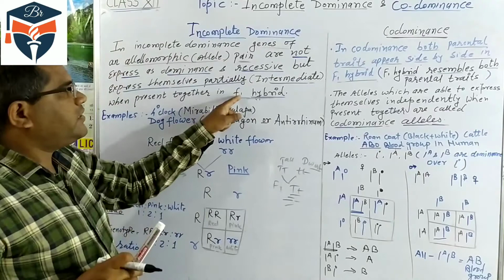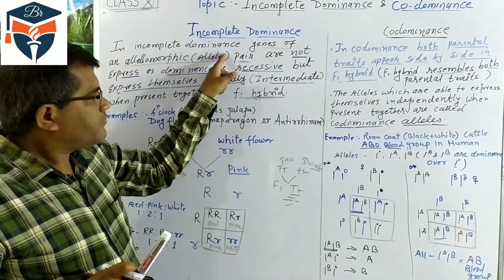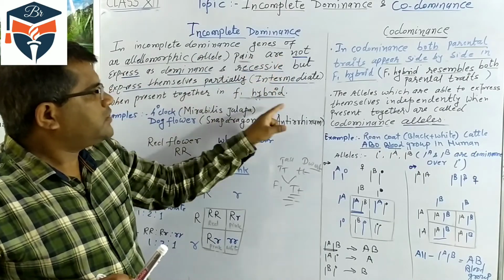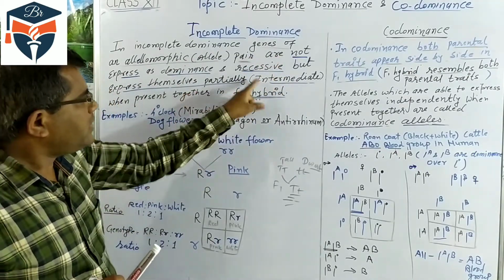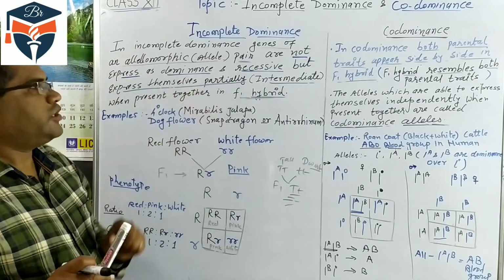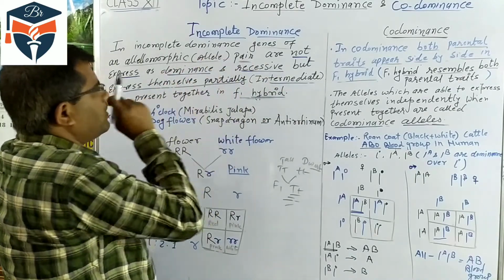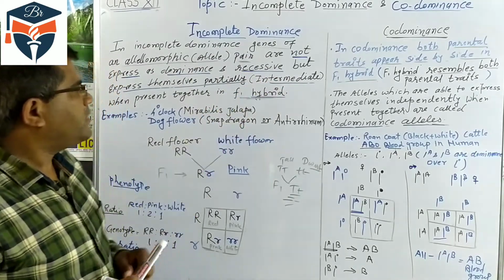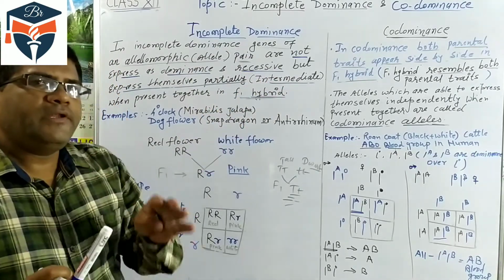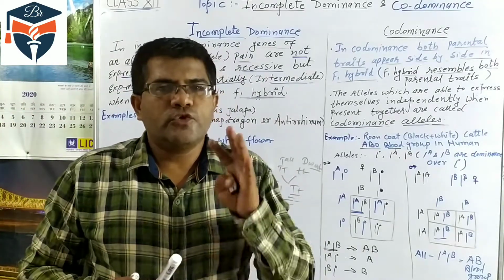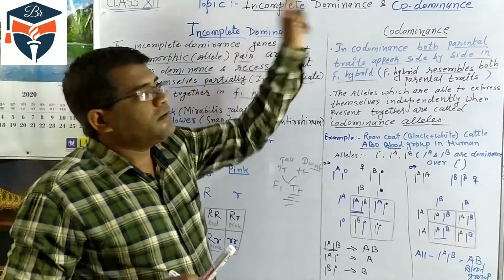So the F1 hybrid is not like the dominant allele parent and not like the recessive allele parent. It is intermediate. When an intermediate progeny is obtained in the F1 generation, this is called incomplete dominance.